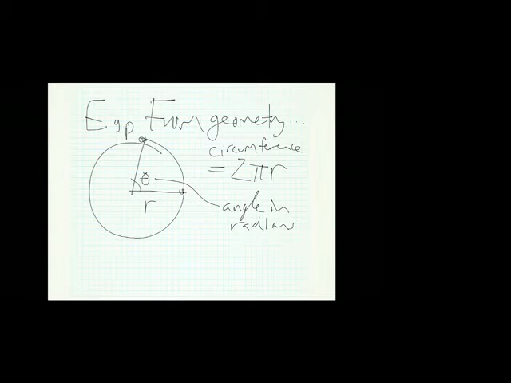This is P and this is Q. So what's maybe a more geometric way of thinking of the distance from P to Q? Well, it's the length of the arc on the circle. So I guess what would that be? Theta times r, right? R is the radius.